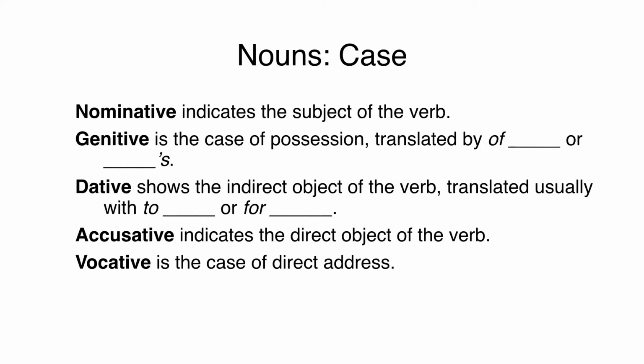So if Jesus is the subject of the sentence in Greek, the subject is in the nominative case. The genitive case is the case of possession, translated by of or someone's apostrophe s. At least that's how we'll begin to translate the genitive case. The third case is the dative case, which shows the indirect object of the verb, usually translated with to or for.